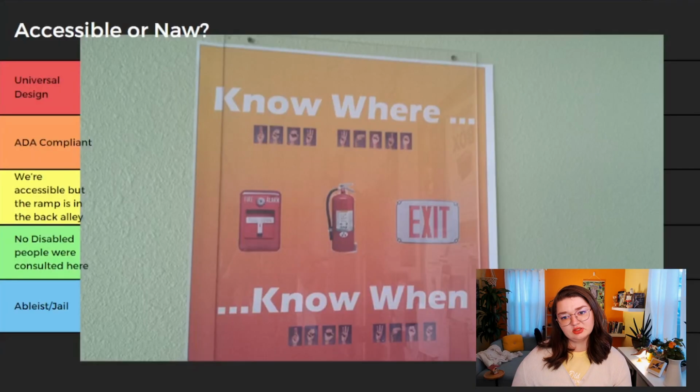What's next? Okay, so we have a sign that says "know where, know when," and it has some sign language on it, which is interesting. It also has pictures of a fire alarm and a fire extinguisher and an exit sign. It looks like maybe this is in a school and it's helping to warn the children of knowing where and when to look for things in the case of a fire.